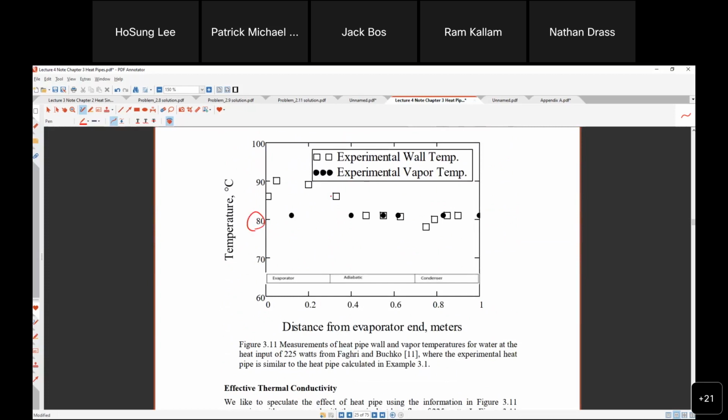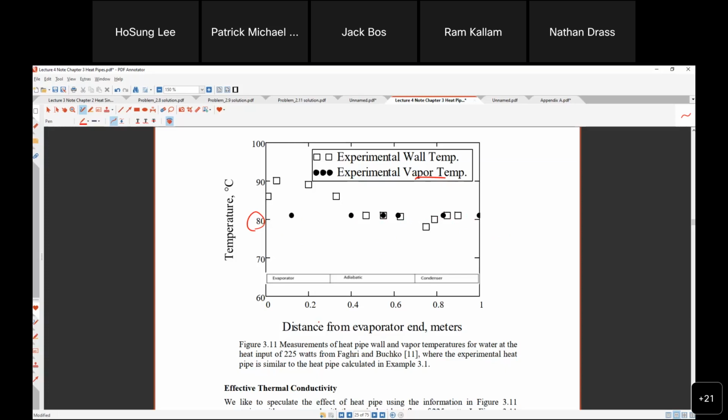The dark areas are vapor inside. They have measurements, so the vapor is pretty much at 80, which means the pressure is constant, because pressure depends on the temperature thermodynamically. So the pressure is pretty constant inside, maybe changing a little bit.